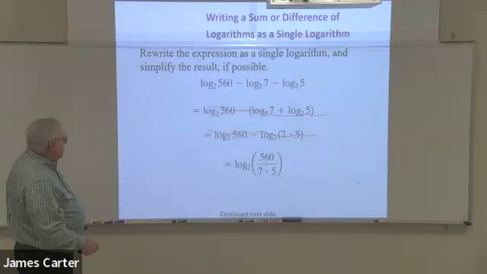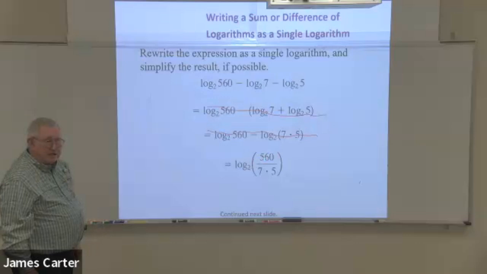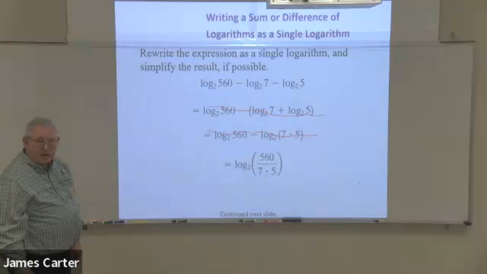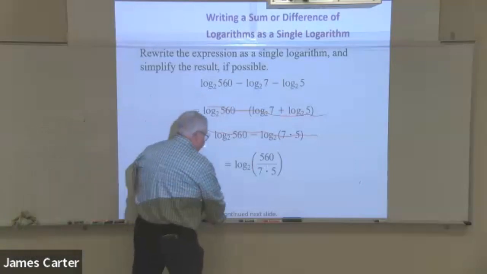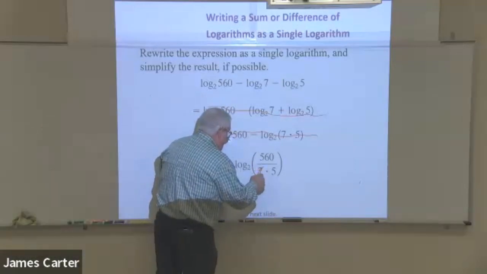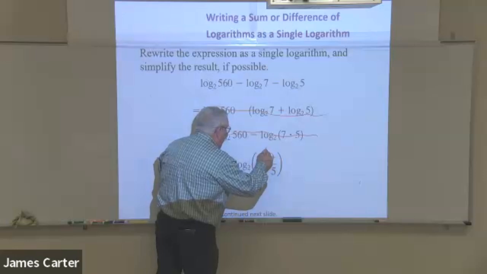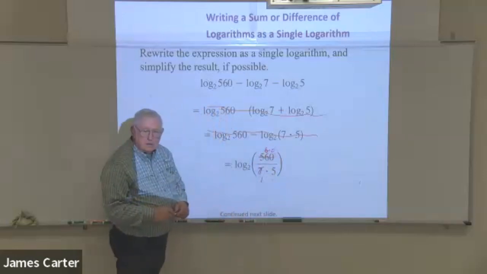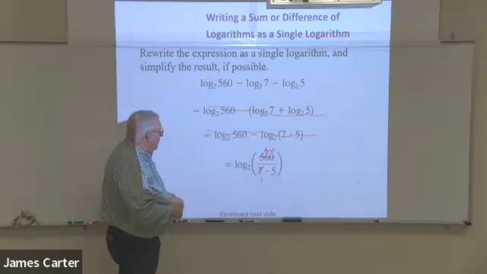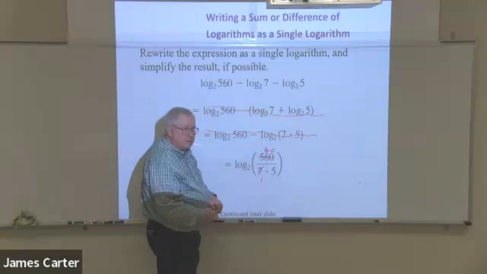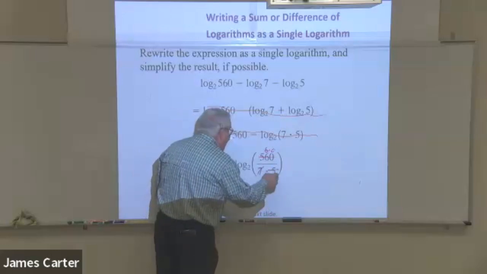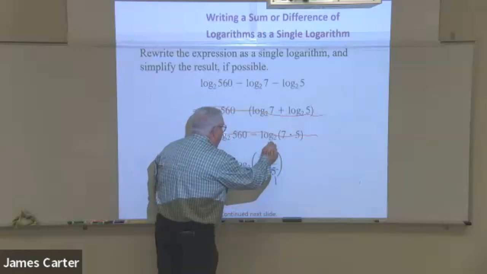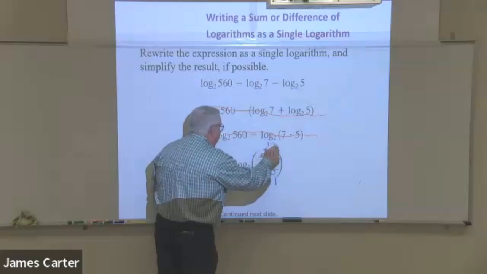Okay. Now, 7 goes into 56, right? So if I did some canceling, that would go once, and this would go 80 times. Okay, 5 will go into 80. 5 goes into 5 once, and 5 goes into 80, I think 16 times.